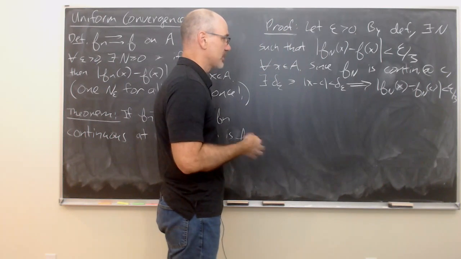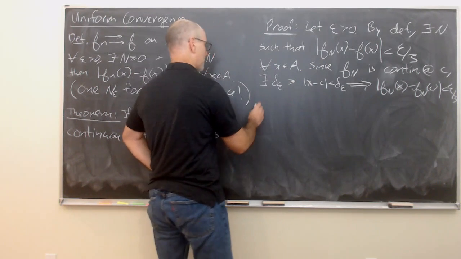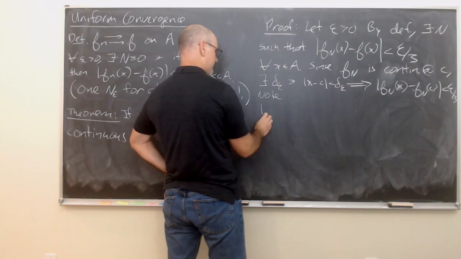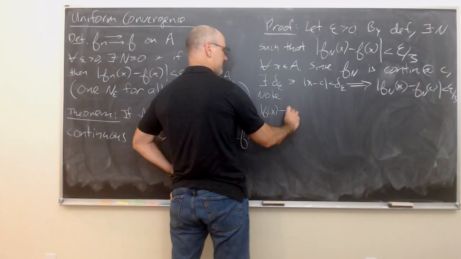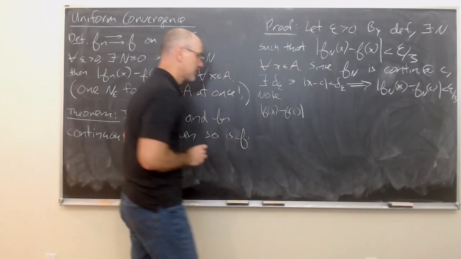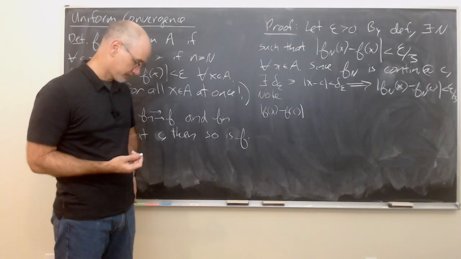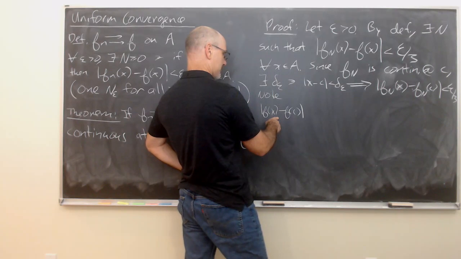And now we finish up by showing why epsilon over 3. So note that if I look at |f(x) - f(c)|, I'm trying to show I can make that less than epsilon, thereby showing f is continuous at c.